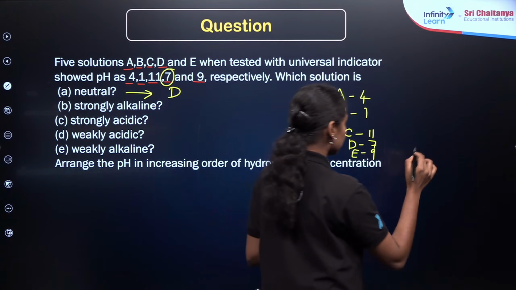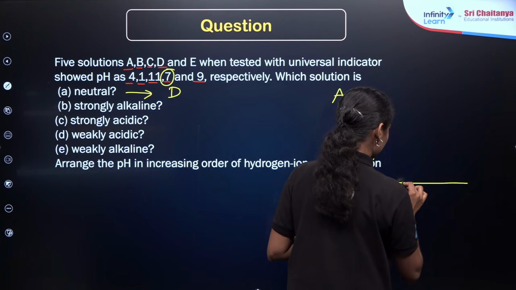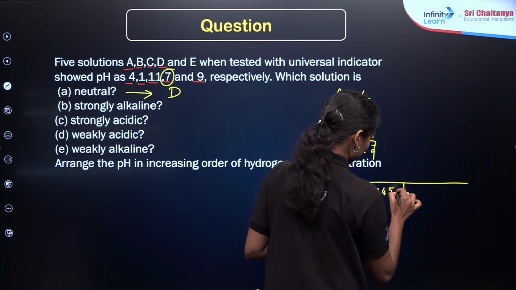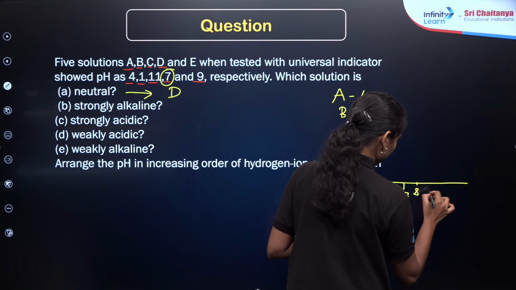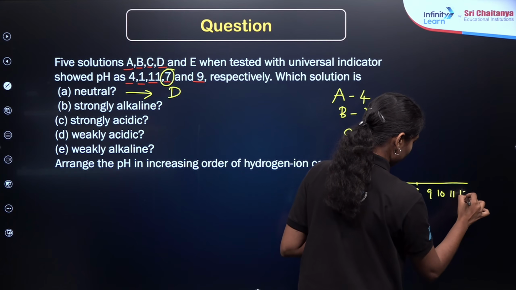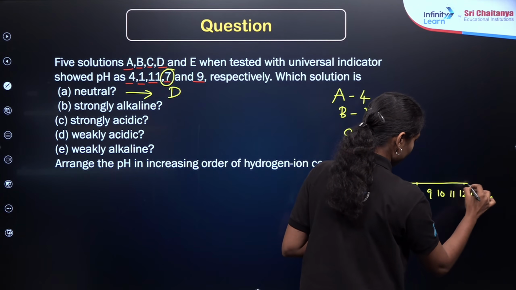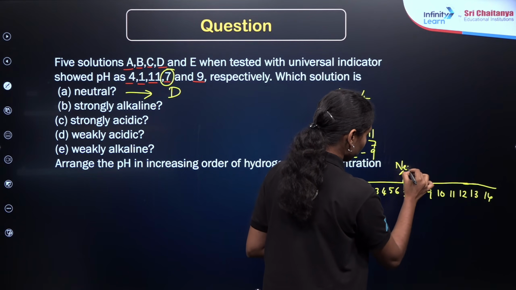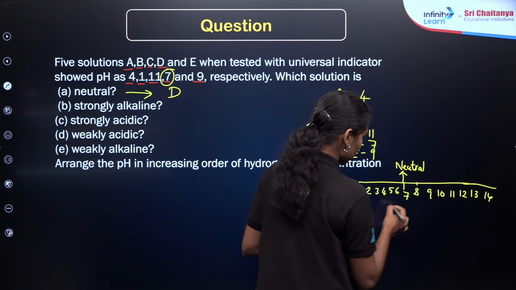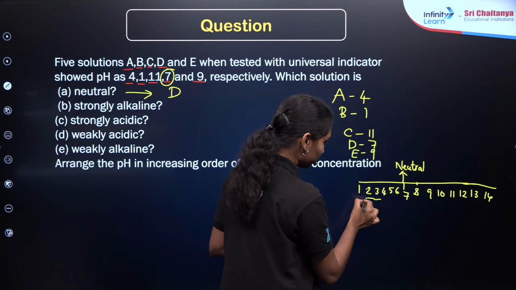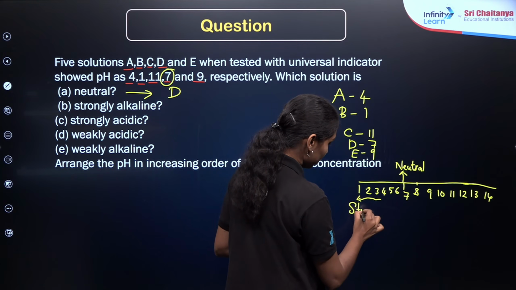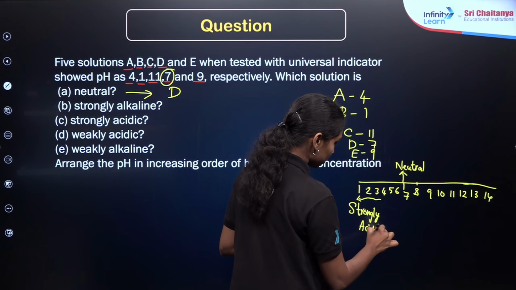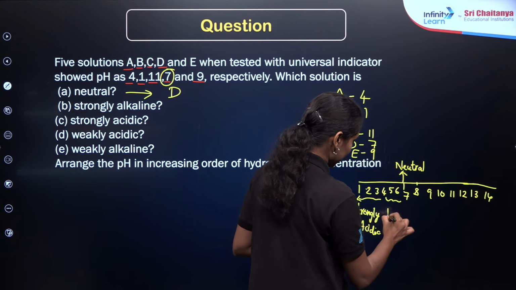For the first question we have seen the pH scale, right? So this will be the pH scale. Here it is neutral. These values, 1, 2, 3, are the strongly acidic. And these values like 4, 5, 6 are the weakly acidic.